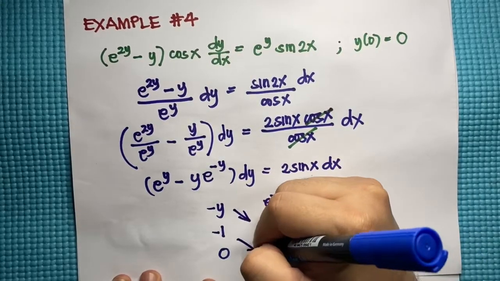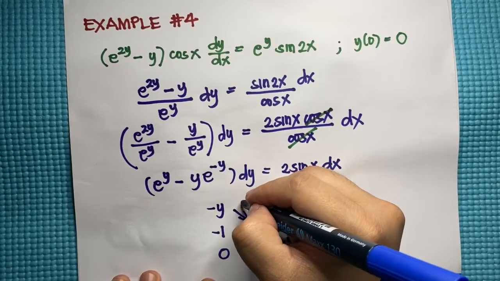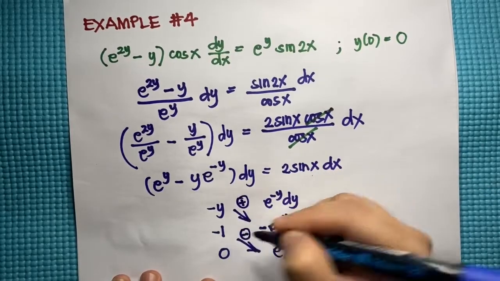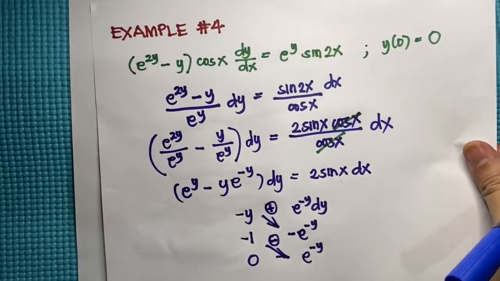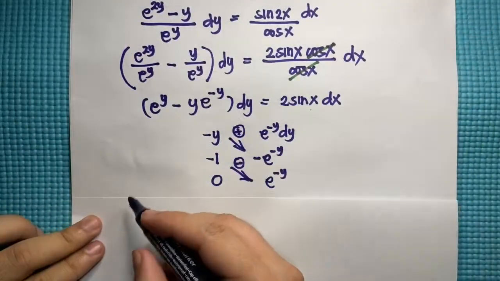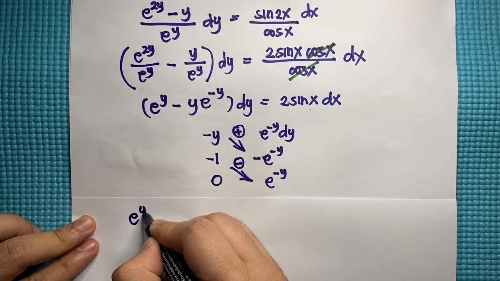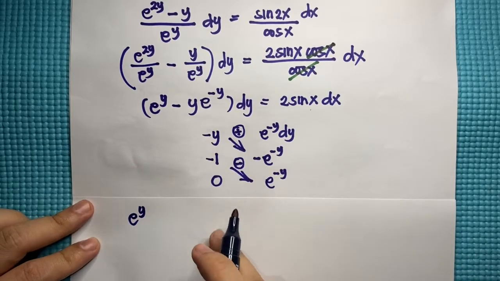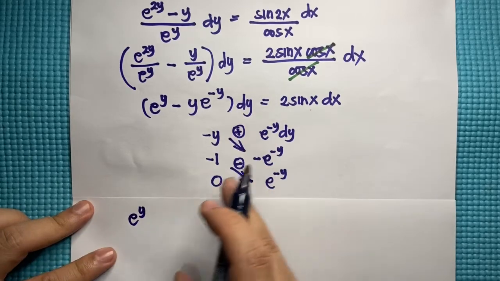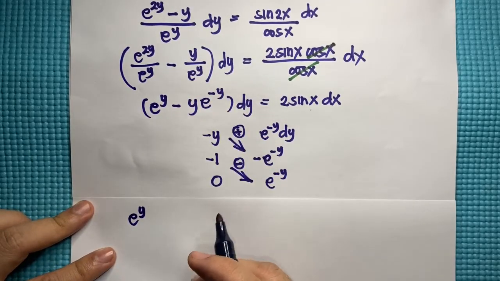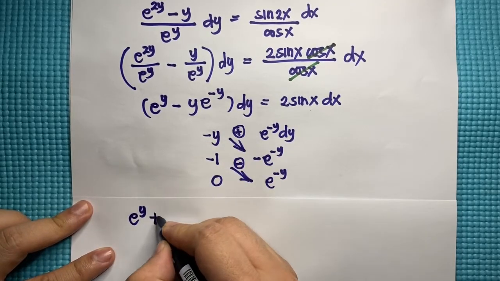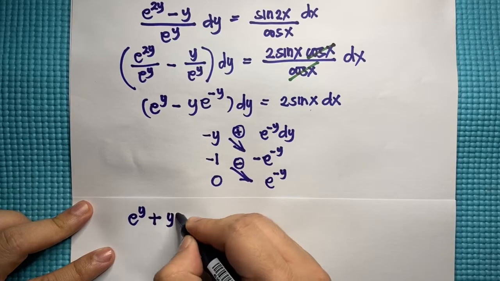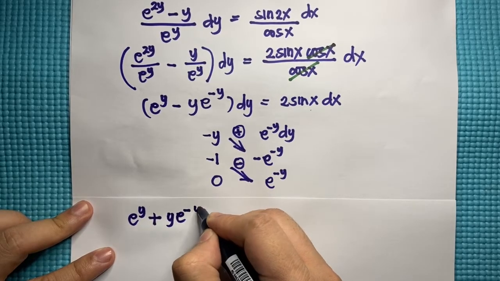Then, using our signs, the first one should be positive and the second one negative. From here, we can write our equation as e^y, and using our tabular method, the integral of negative y e^(−y) would be negative y times negative, so we'll have plus y e^(−y).